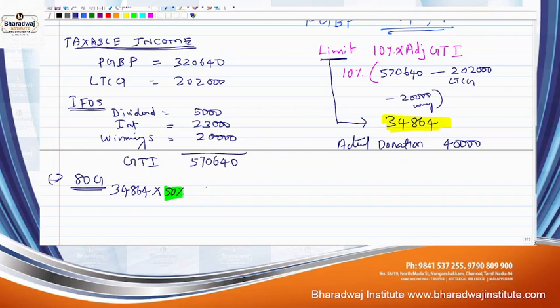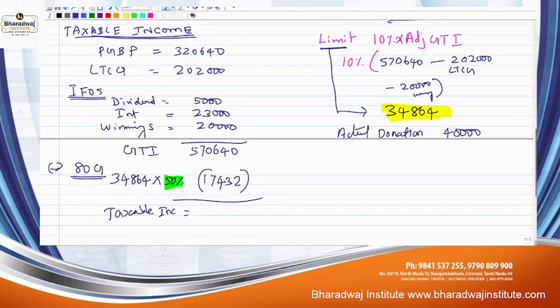How much will you get? 17,432. Less that, you will get taxable income. 5,70,640 minus 17,432 will give us taxable income. What is the taxable income? 5,53,208.